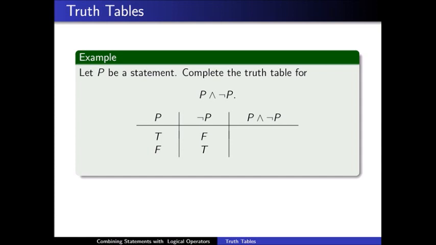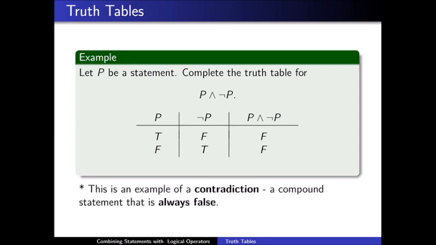Of course, since P and not P have opposite truth values, this can never happen, and both cases give us a truth value of false. In this case, we see that the truth values are always false no matter what. And this is an example of a contradiction, a compound statement that is always false.